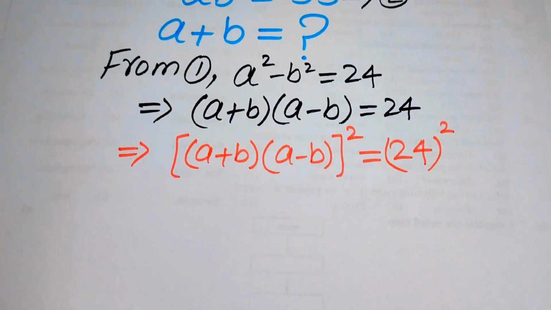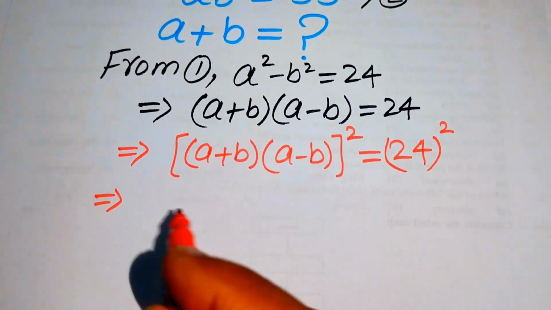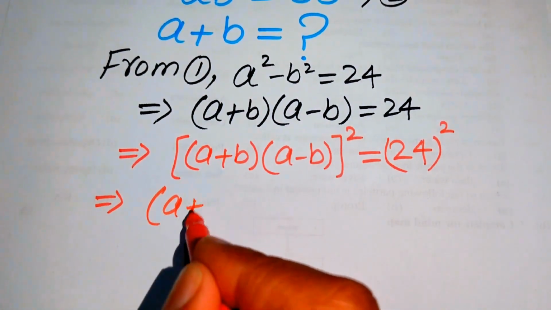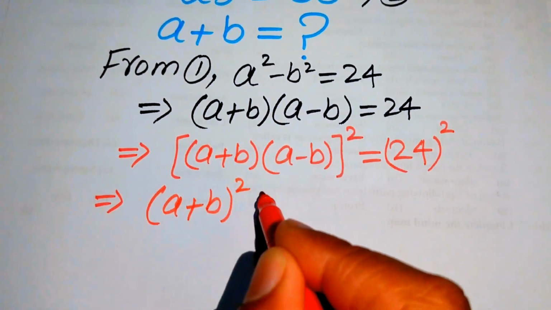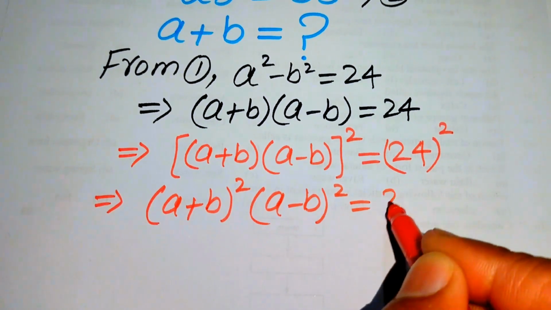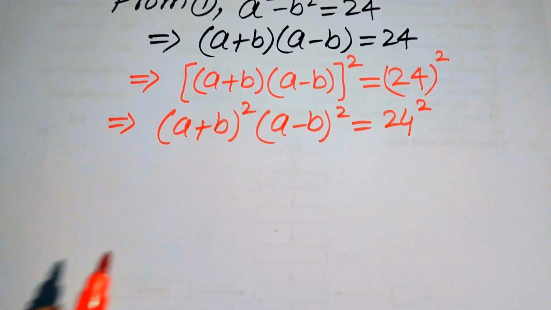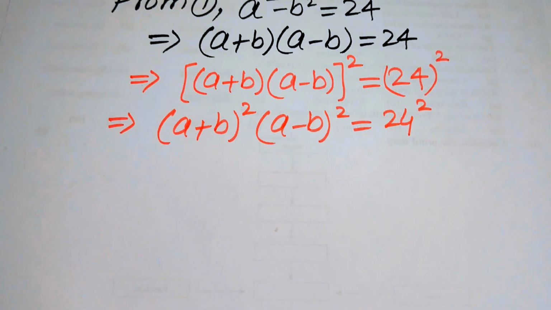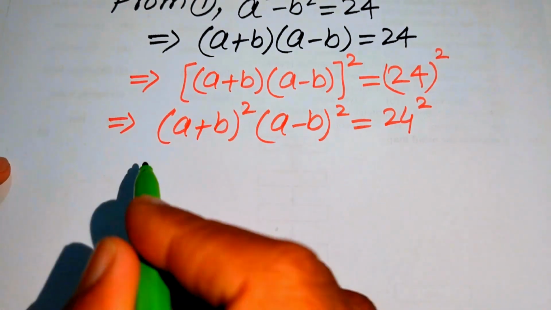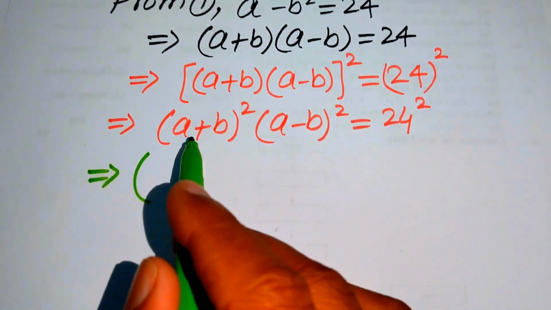Now in the next step, we separate the square on both of these terms and write it as (a + b)² (a − b)² = 24². Now we use the two square identities, (a + b)² and (a − b)².